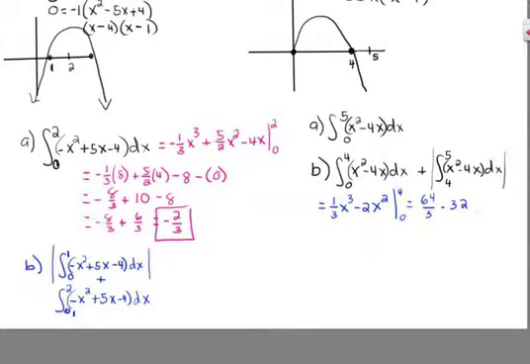I need a common denominator. So let's turn 32 into, what, 96 thirds? That's correct. So 64 minus 96 is going to be, let's see, 6 minus 4 is 2, 32 thirds. And it's going to be negative.